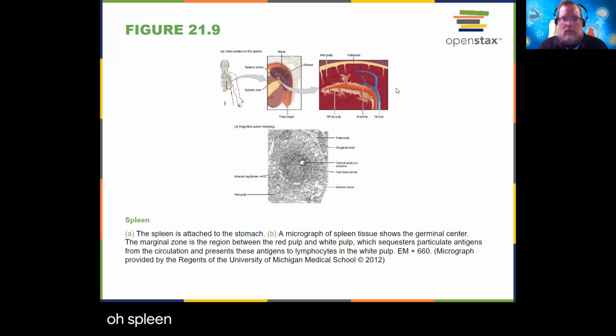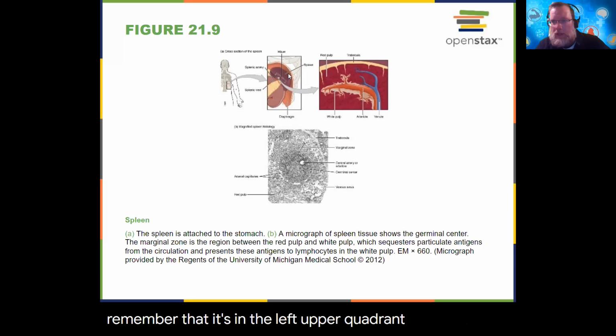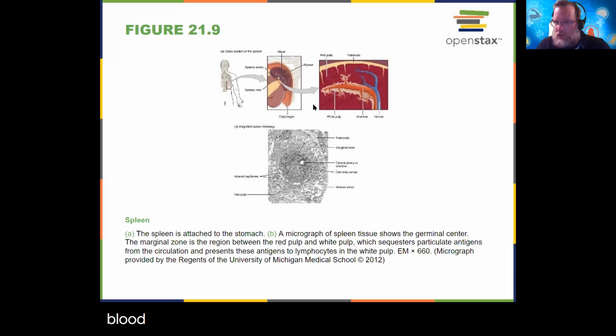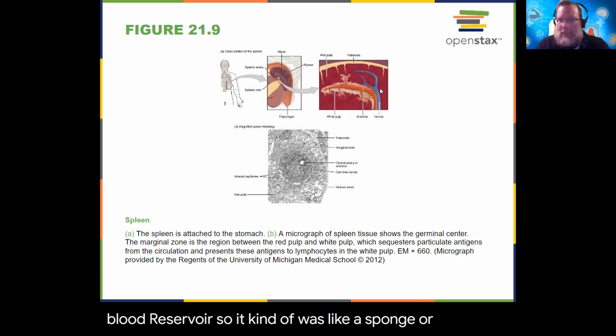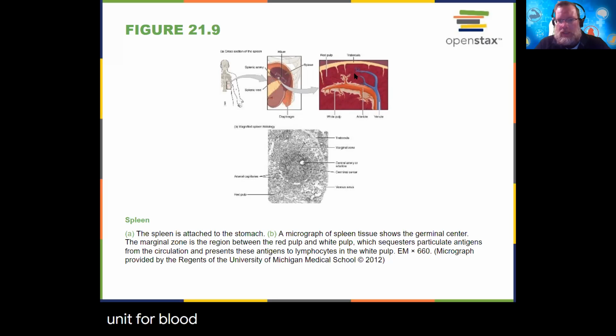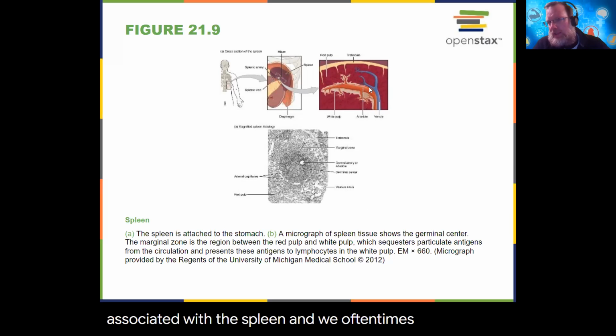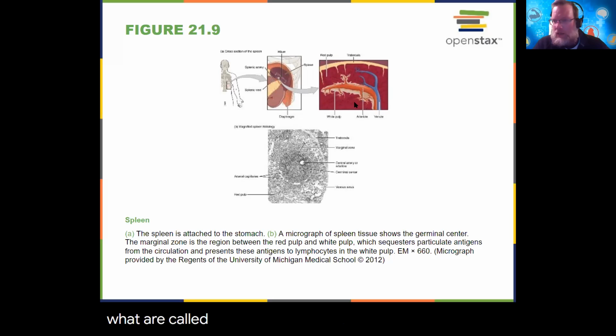Spleen, again, generally for the spleen, you want to remember that it's in the left upper quadrant. The spleen is a blood reservoir, so it kind of is like a sponge or a storage unit for blood. We see red pulp and white pulp associated with the spleen, and we may find monocytes, which are one of our leukocytes or white blood cells.